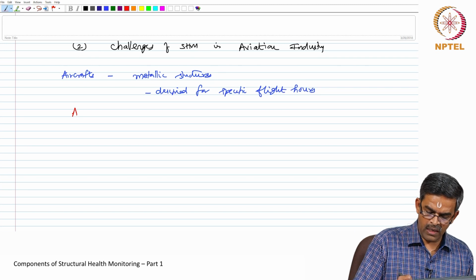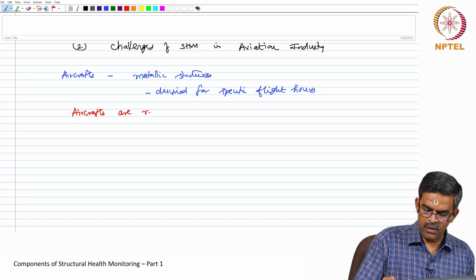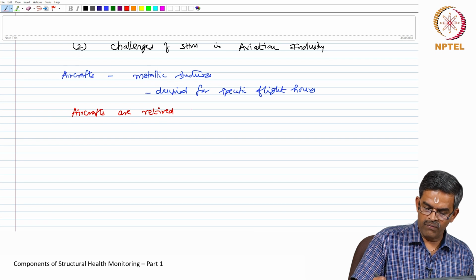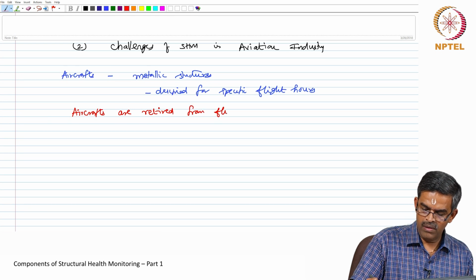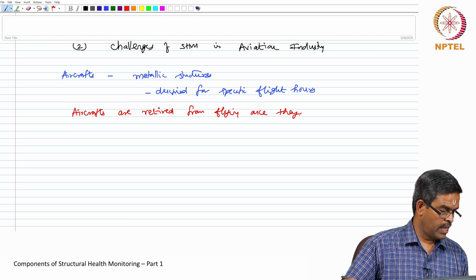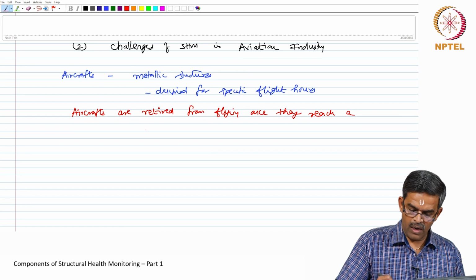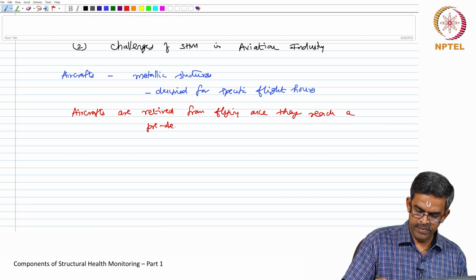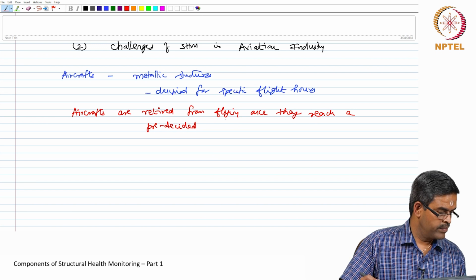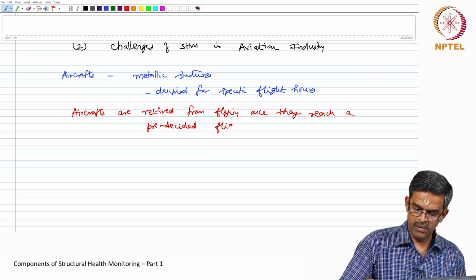Generally aircrafts are retired from flying once they reach a pre-decided number of flight hours.